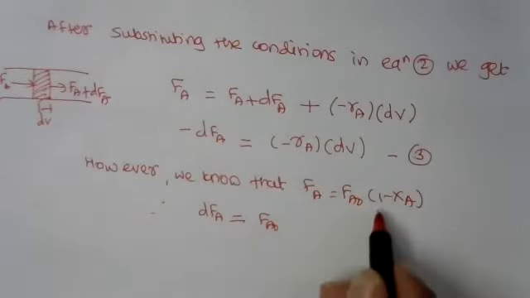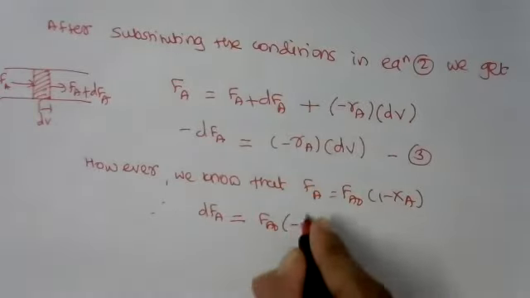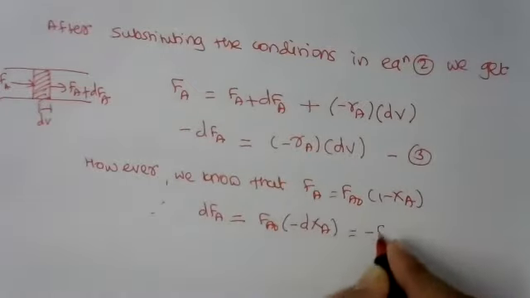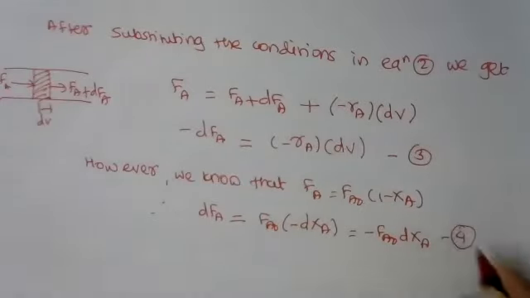Now the derivative of 1 is 0, then the derivative of XA is dXA, but this minus sign is also there, and therefore you can write it as minus FA0 dXA. Say this is 4.